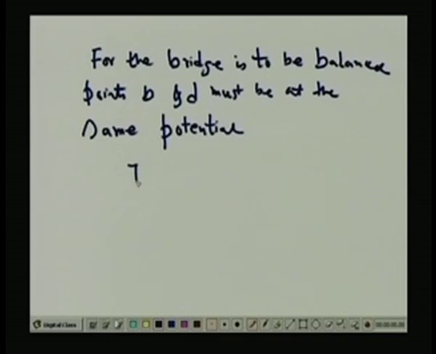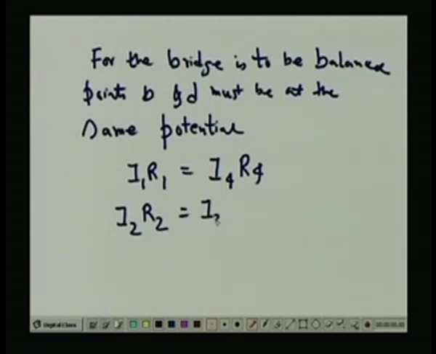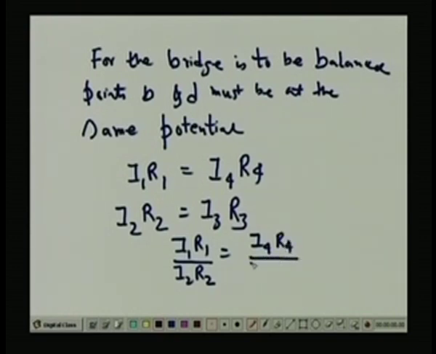So, I can write I1 R1 equal to I4 R4, then I2 R2 equal to I3 R3. So, simply I can divide these two equations, and I will get I1 R1 by I2 R2 equal to I4 R4 by I3 R3.